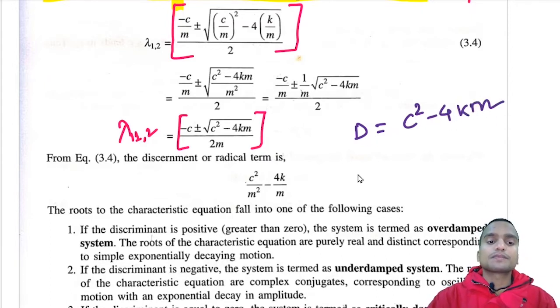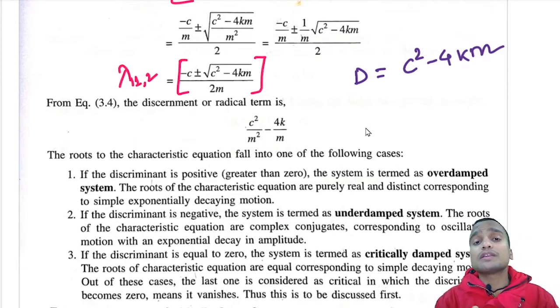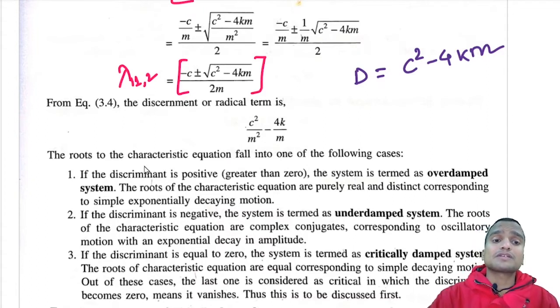No problem. Now this value of D will give us the characteristic of damping. The value of D can be 0, positive, or negative. Depending on the nature of the discriminant, or the radical term, the characteristic of damping will vary. That's why this is a characteristic equation.